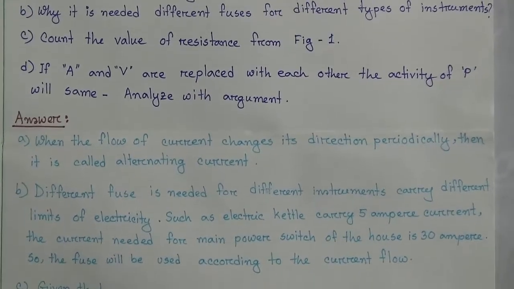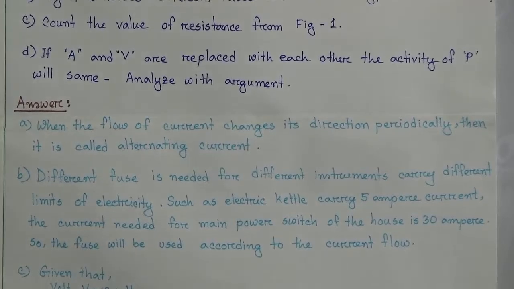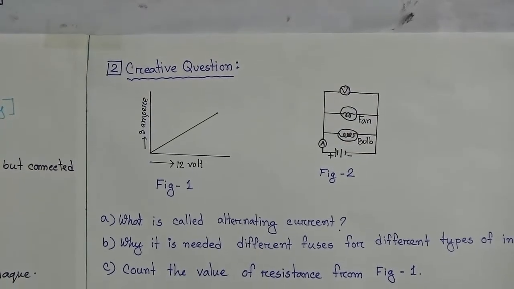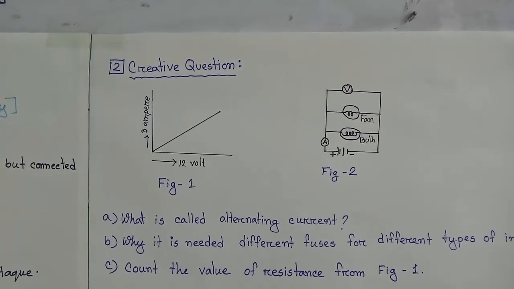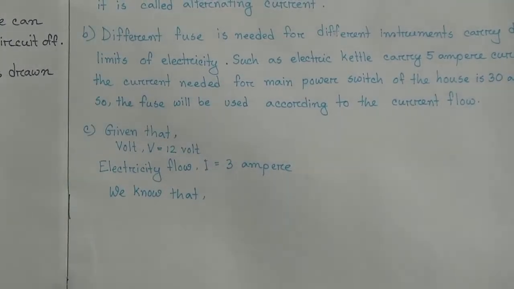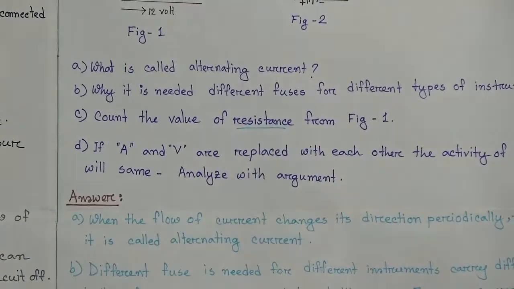Count the value of resistance from figure 1. Here the given voltage V is 12 volt and the electricity flow indicated with I is 3 amperes. We have to find out the resistance.